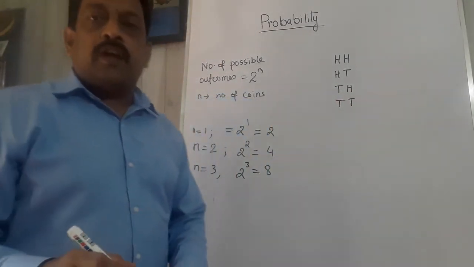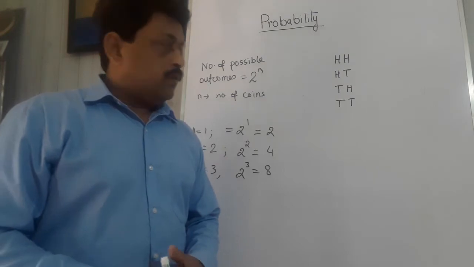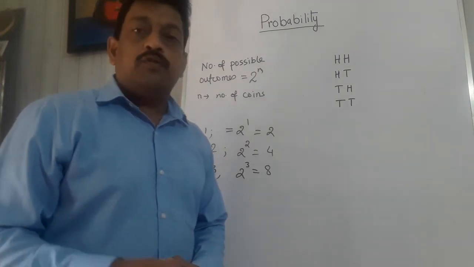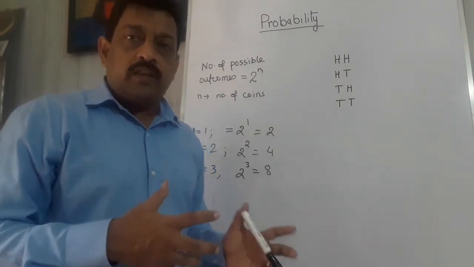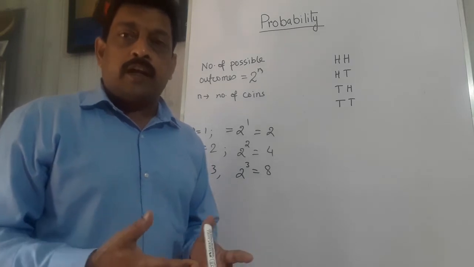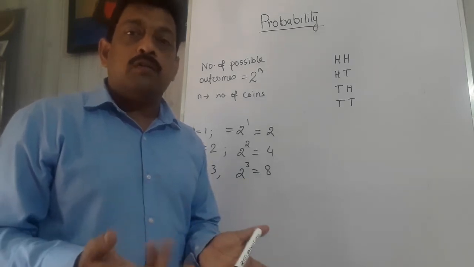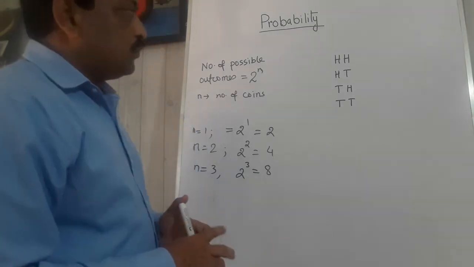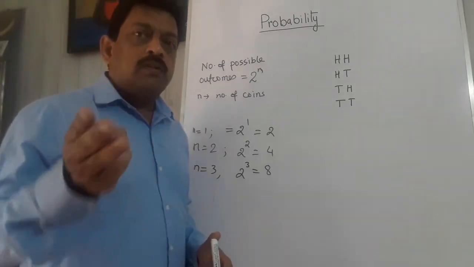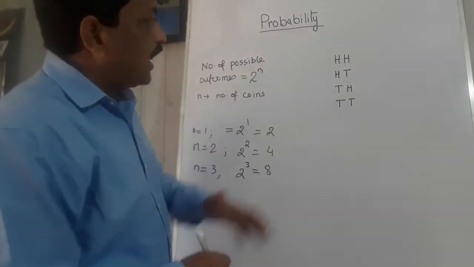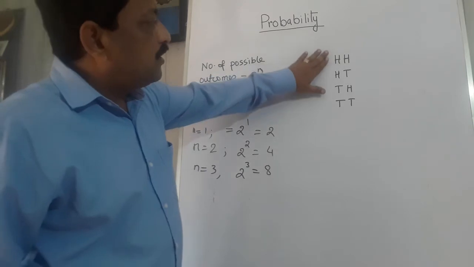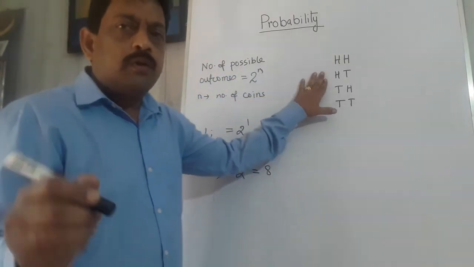Remember, if you try to write the possible outcomes with 3 coins together, it will take a lot of time and you may miss 1 or 2 outcomes. So don't use 3 coins at the start of the question. Just find out the possible outcomes with the 2 coins.